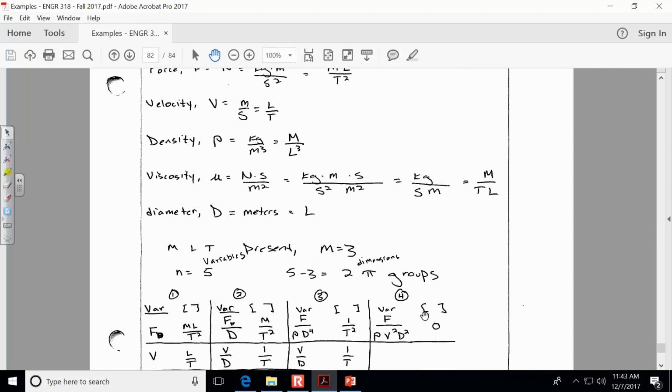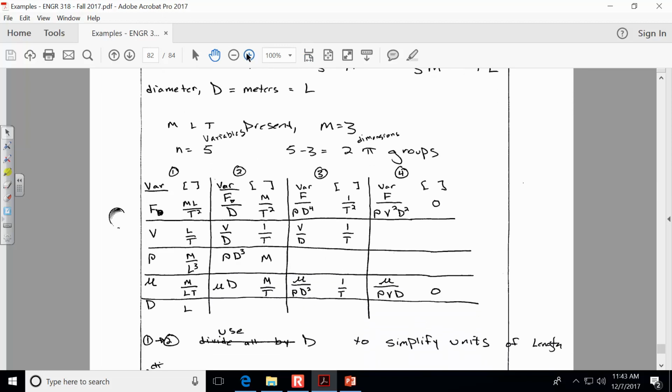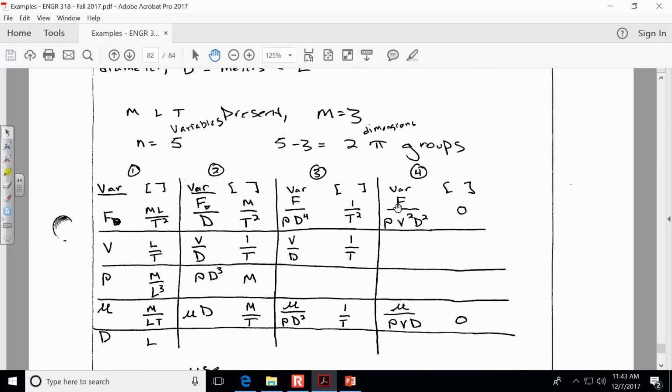So the variables are force due to drag, velocity, density, viscosity, and diameter. And then I'm going to write the grouping of the units. So force is going to be mass, length, time squared. Velocity is length per time.